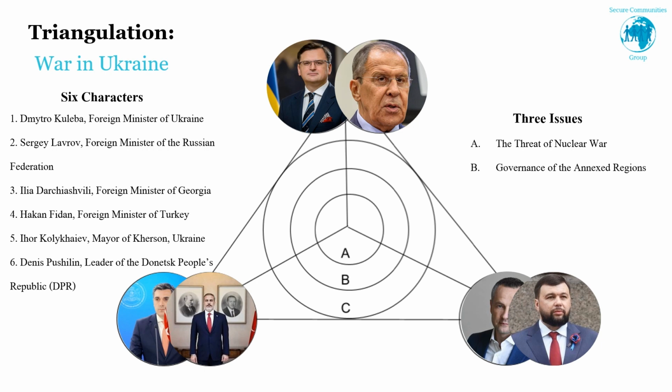And letter C is the agricultural problems that have been created by the war in Ukraine, especially affecting poverty-stricken third world nations. So what I'd like to talk about is how exactly these case studies are constructed.